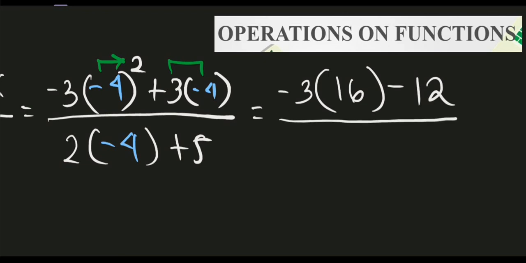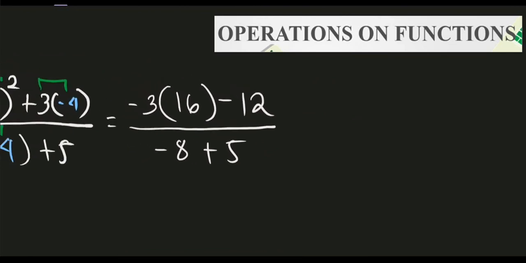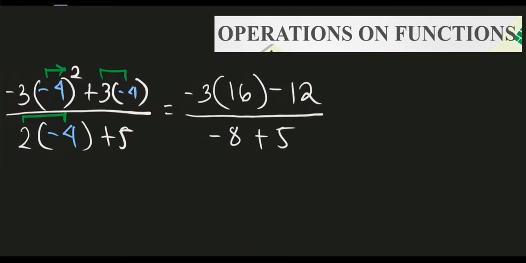For our denominator, we have 2 times negative 4, which is equal to negative 8, plus 5. Just multiply, so negative 3 times 16 is negative 48. So we have negative 48 minus 12 all over negative 8 plus 5. Negative 8 plus 5 is negative 3.